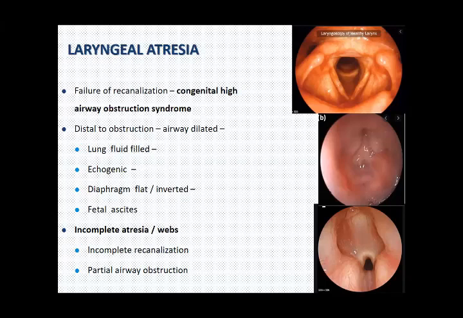Now what happens is कि ऊपर तो obstruction हो गई, closed है lumen, but beyond the lumen, caudal to the obstruction, distal to the lumen over here, the lung dilates, it gets full of fluid.